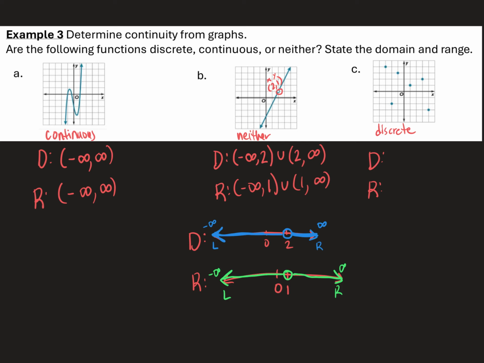Now for letter D, I need to know these ordered pairs. Let's name the top left ordered pair. Start at the origin. From the origin, count over -1, -2, -3, up 1, 2, 3, 4. So -3, 4. Let's do the next one: -2, -2.